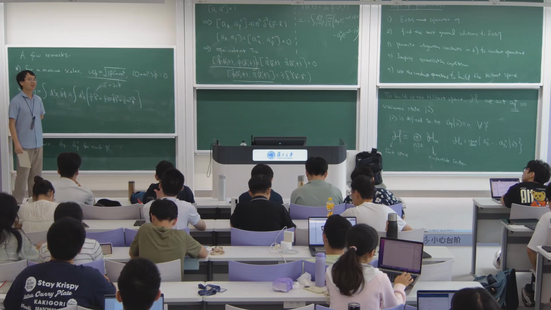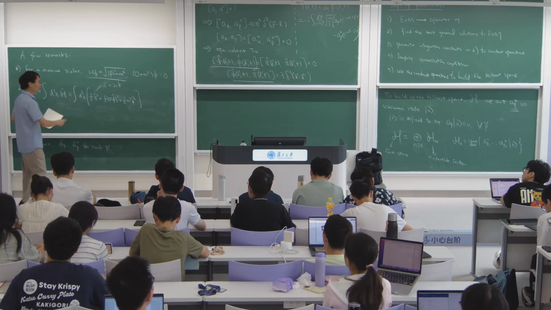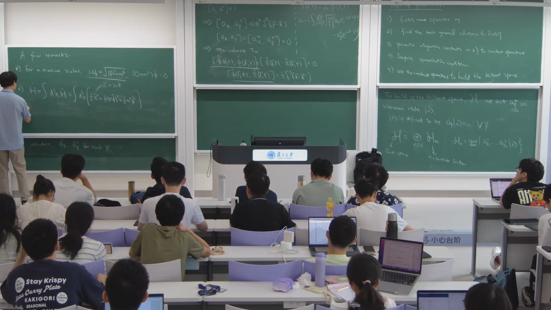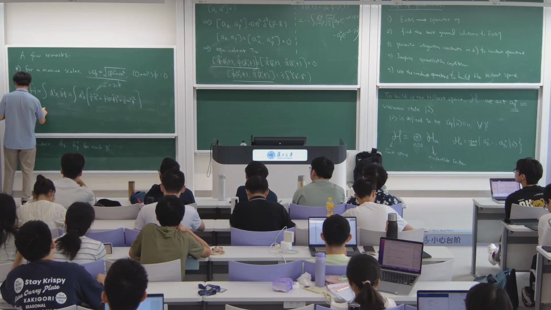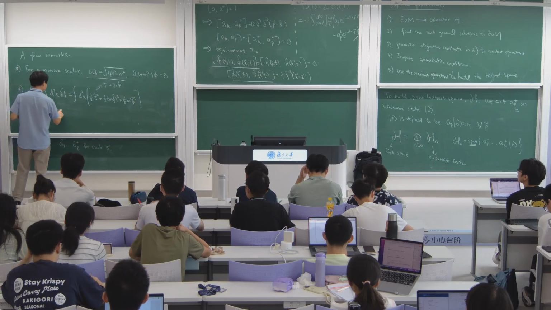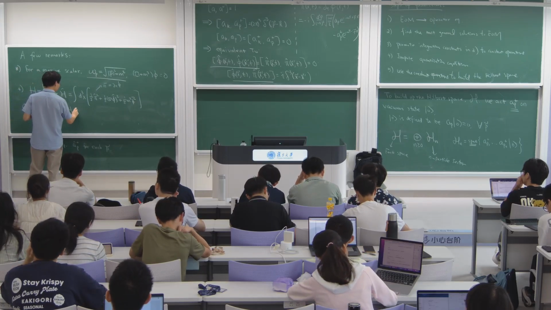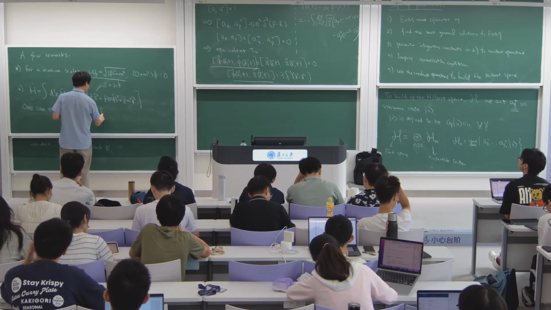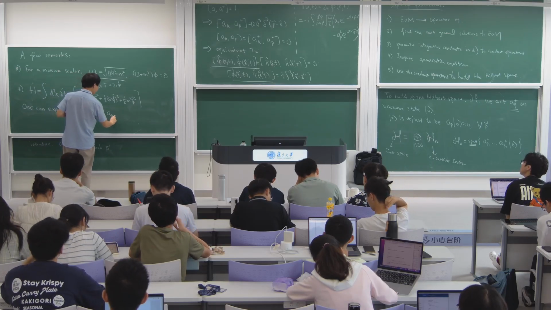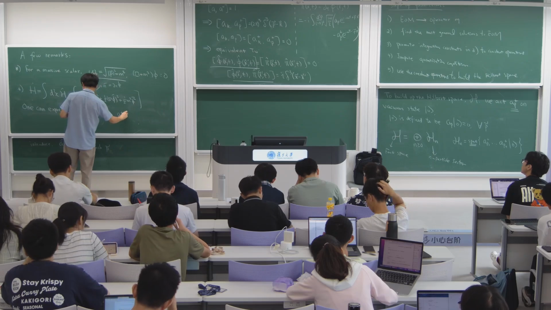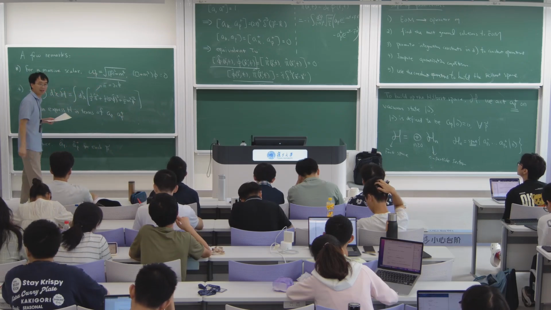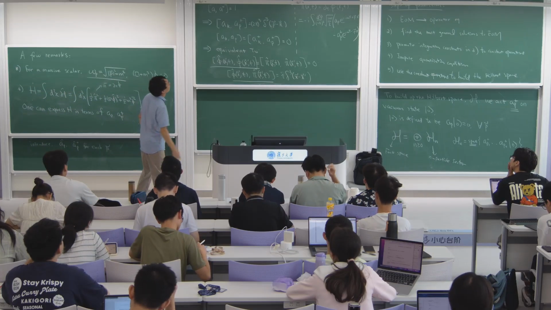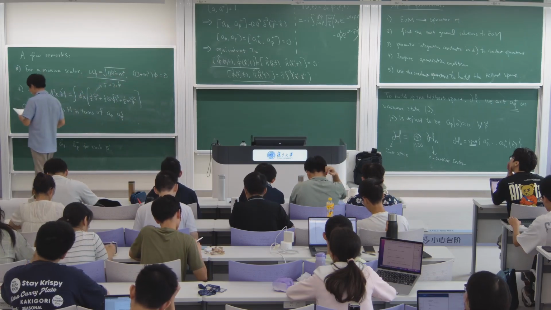Is that clear? Because we know what pi is and what phi is, you just plug in and work it out. So I can express H in terms of A_p and A_p dagger.